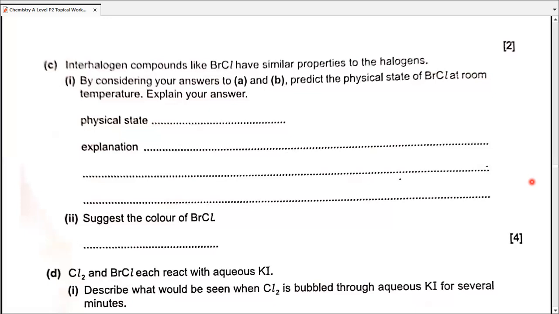Explain why it is a liquid. Intermolecular forces.